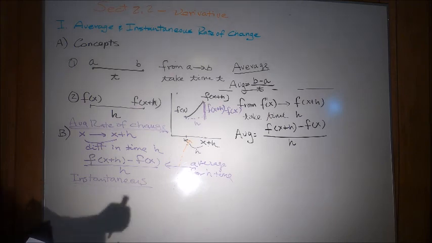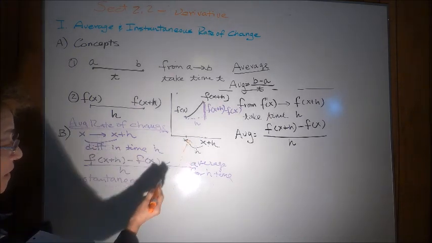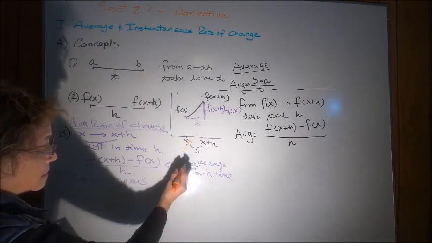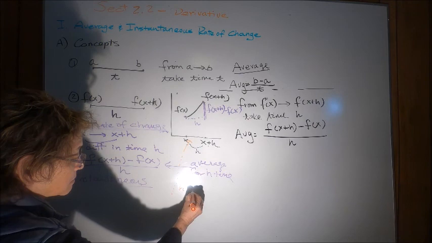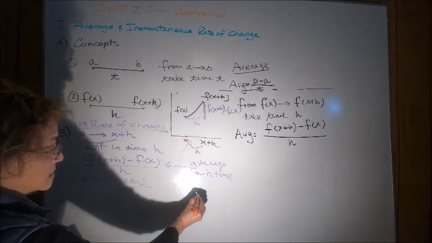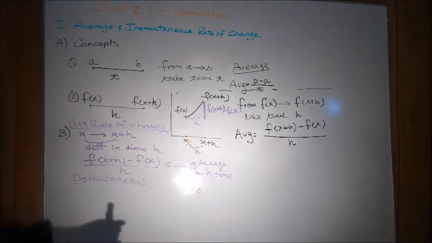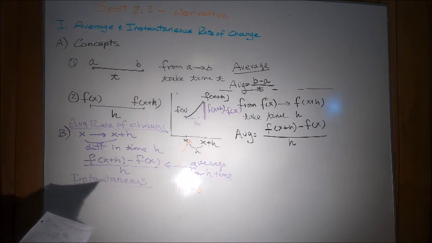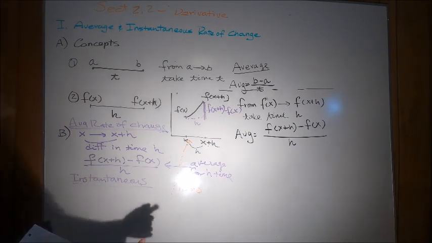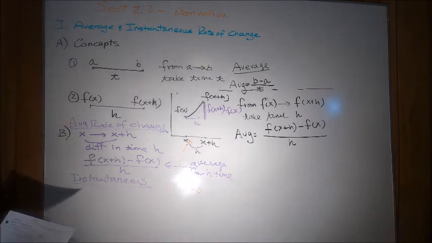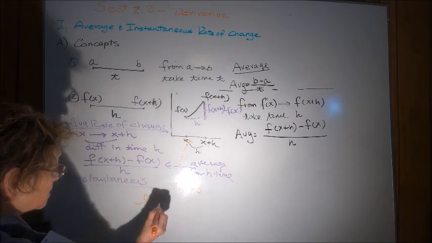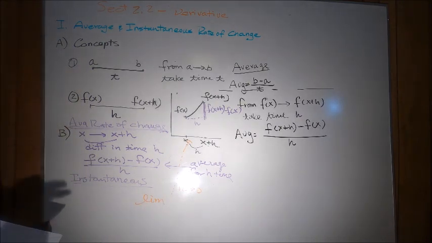So when it happens in that instant quickly, that means we are just right past x. The difference of time is just right after, not much time has passed. So that means h is very close to 0. We use the concept of a limit.